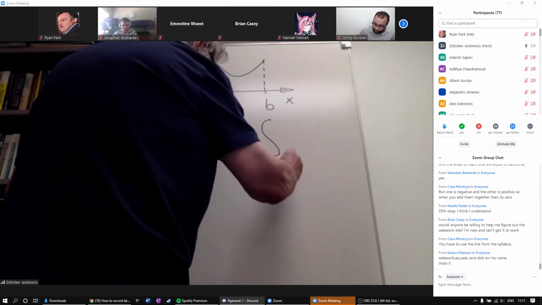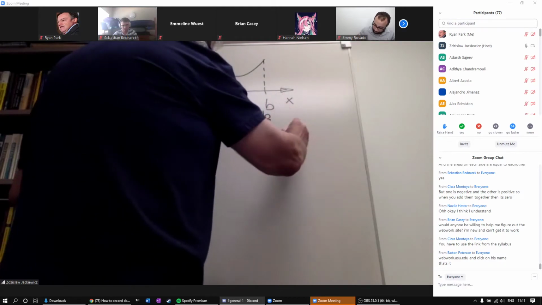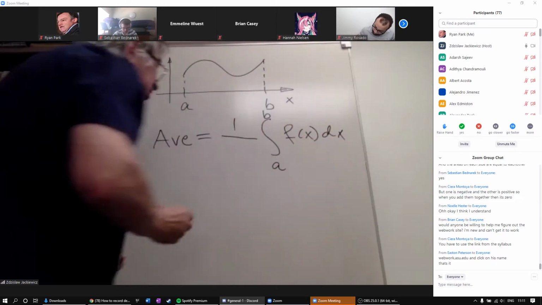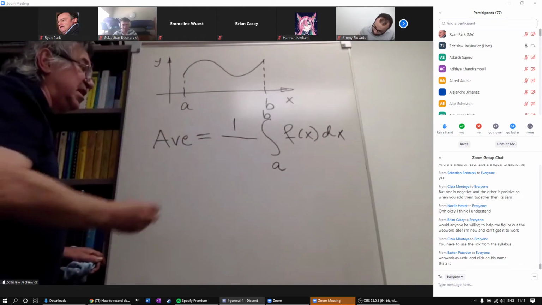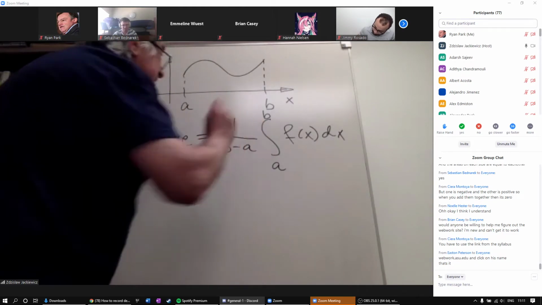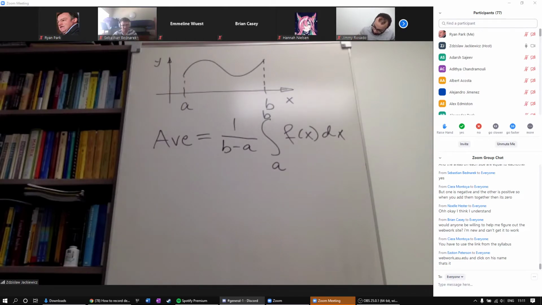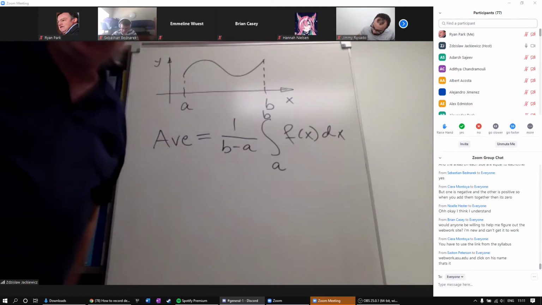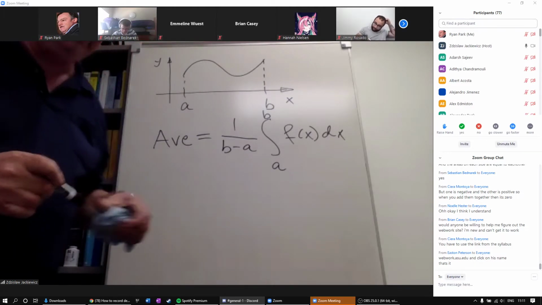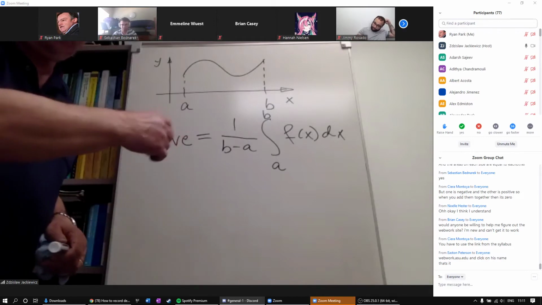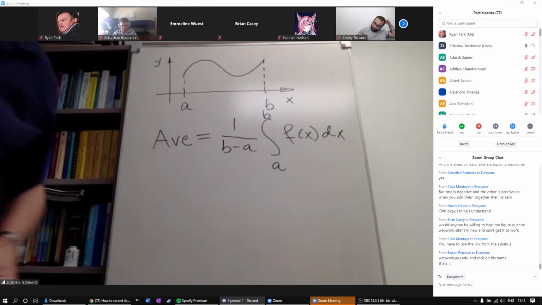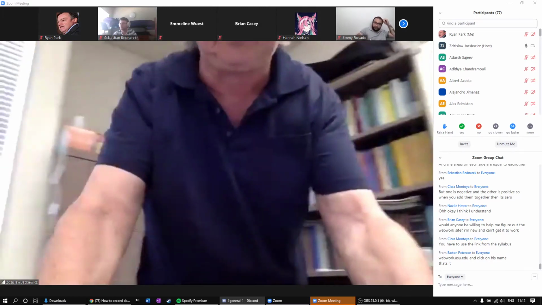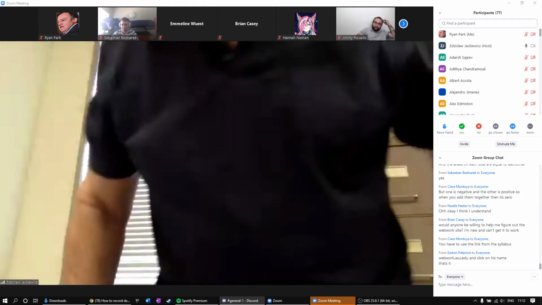You compute the integral from a to b of f of x dx, and you multiply this by 1 over the size of the interval, so b minus a. So this is the definition of average value of the function. Once we have this, I will probably use the whiteboard again in a moment, but let me go now to this 22, and we will see what we have to compute.